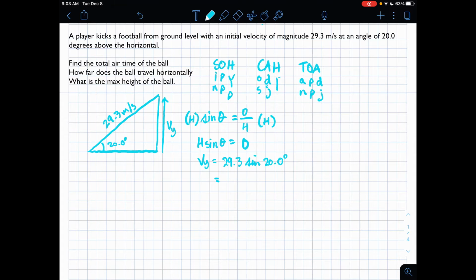So the vertical component of the velocity would then equal 10.0 meters per second if you put 29.3 sine 20 into your calculator.